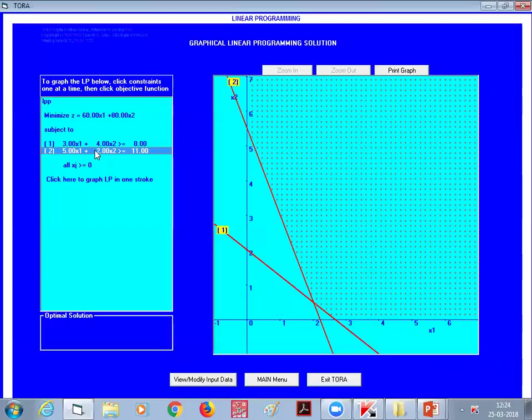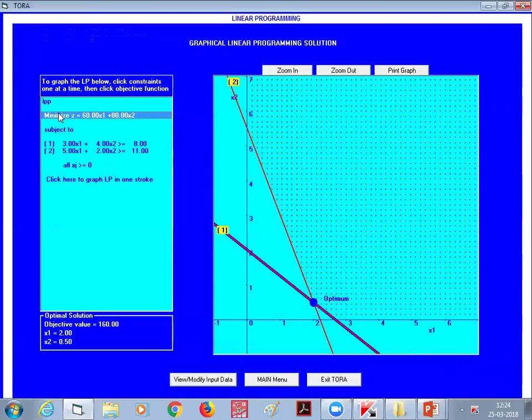The corner points are these 3 corner points here. One of these has to be the minimum. Now if we click the objective function, it will find the minimum point. The minimum point is x1 equals 2, x2 equals 0.5, and the value of the objective function is 160.